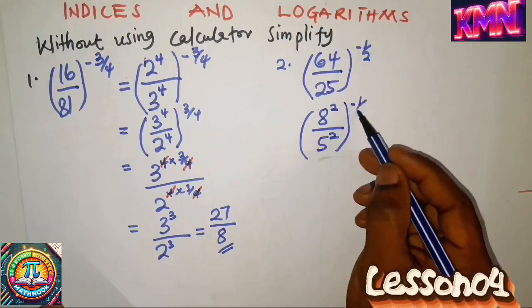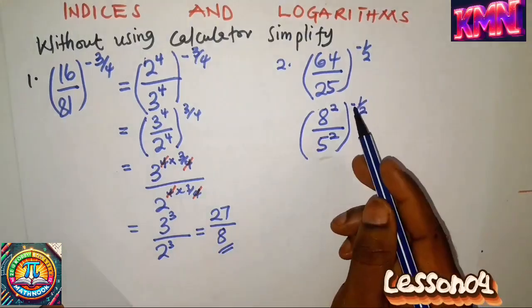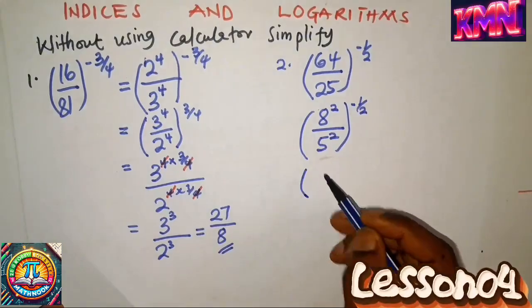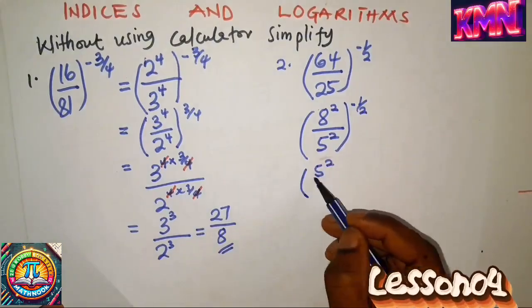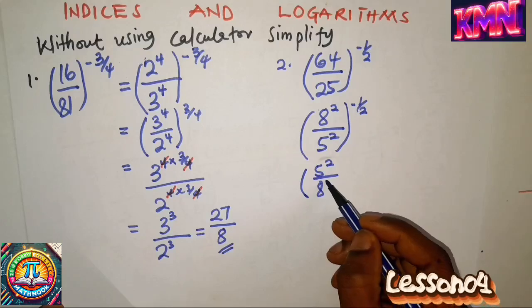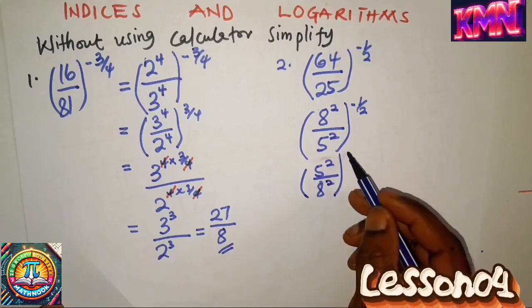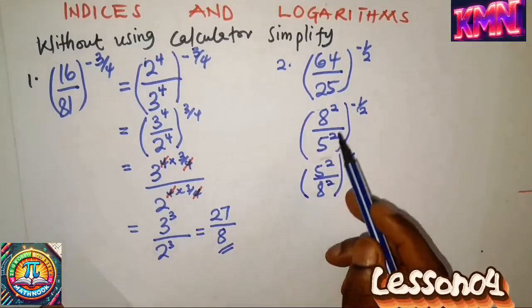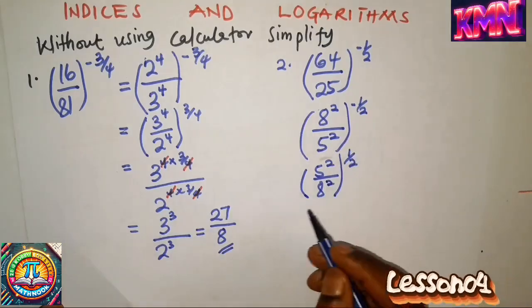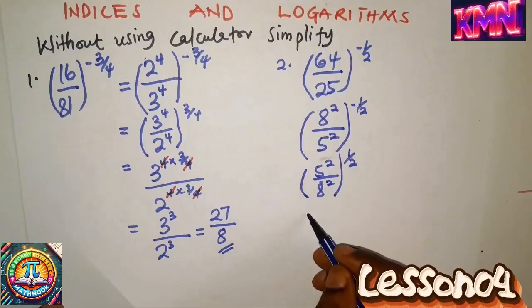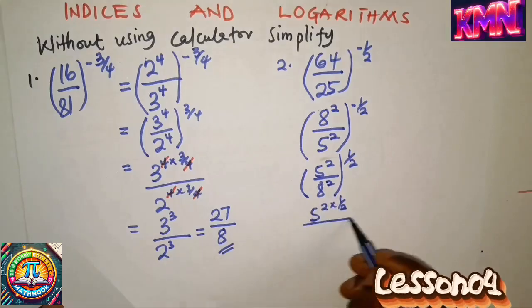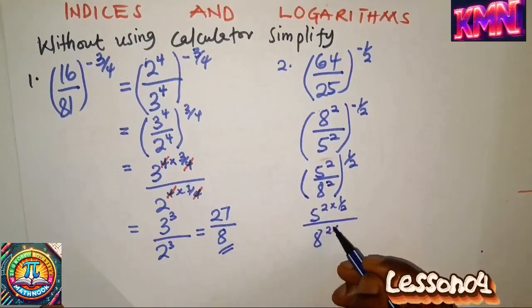Then we multiply by what we have here. Now, how do you get rid of the negative? By reciprocating this. And that will give us 5 exponent 2 on 8 exponent 2. And now this becomes 1 on 2. So when we reciprocate that, you can get rid of the negative. And again, you can apply that on it. 5 exponent 2 by 1 on 2 on 8 exponent 2 by 1 on 2.